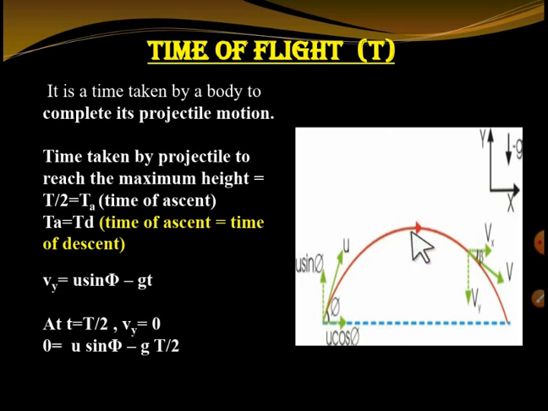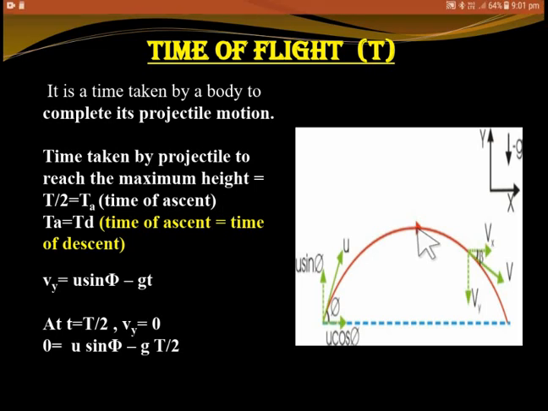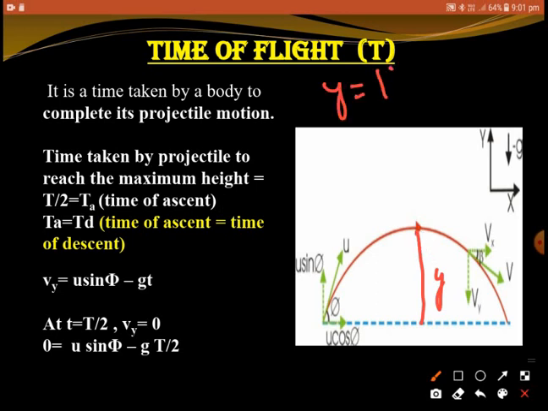So the vertical displacement y will be capital H, the maximum height, and the time will be taken as T by 2.